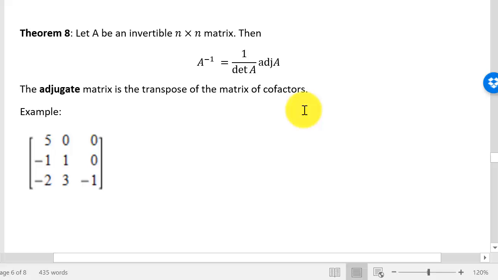So the adjugate, or sometimes the classical adjoint matrix, is the transpose of the matrix of cofactors.